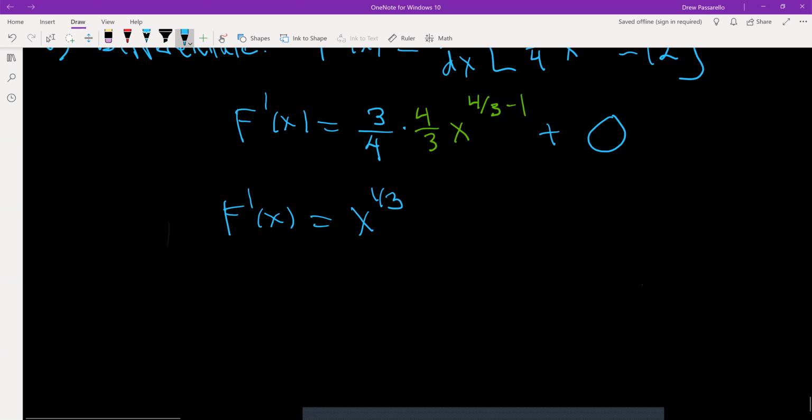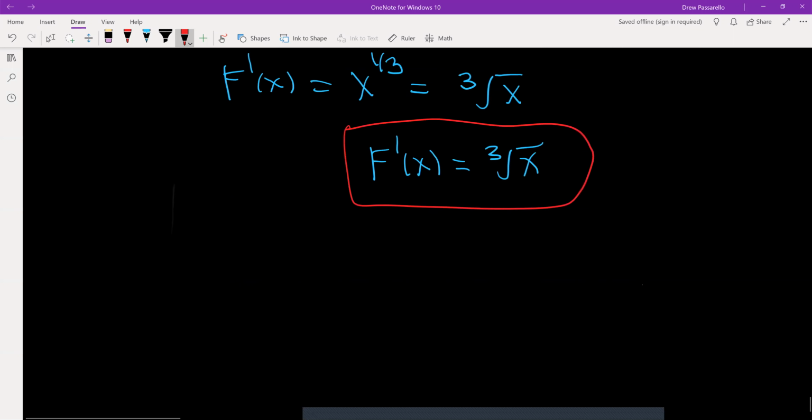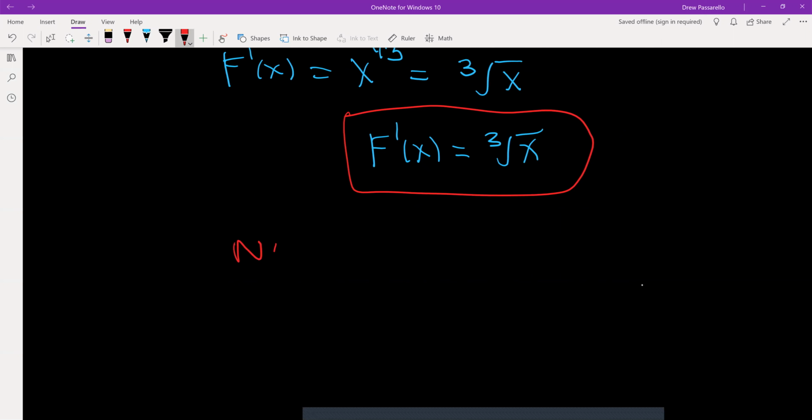Well, raising something to the 1/3 power is the same as the cube root. And that's the result after taking the derivative. And notice at the beginning, we started with capital F of x equaling the integral from 8 to x of the cube root of t dt.